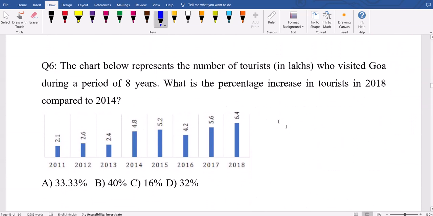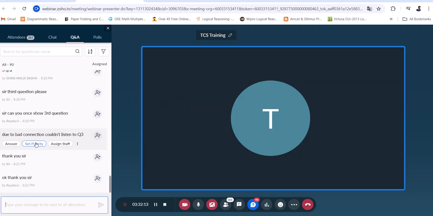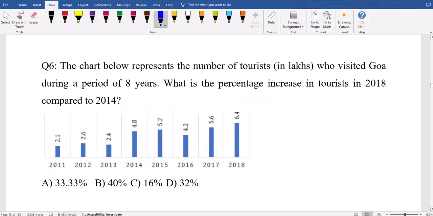Now, bar graph. 2018 compared to 2014, 6.4 compared to 2014.